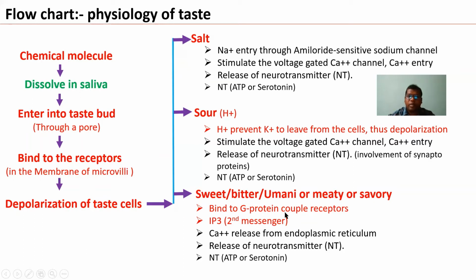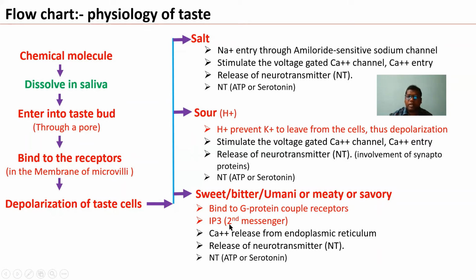They bind with the G protein coupled receptor, after binding with molecules like glucose, polysaccharide, or bitter substances like caffeine or quinine. When they bind with the G protein coupled receptor of the receptor cell, it stimulates phospholipase C, and ultimately they form IP3.